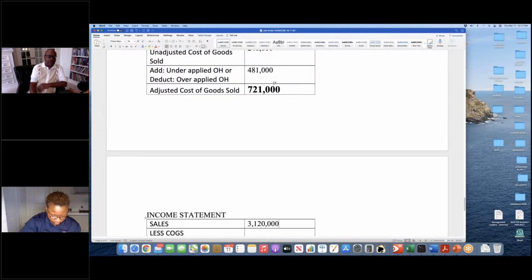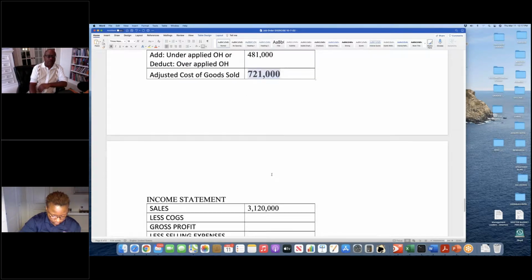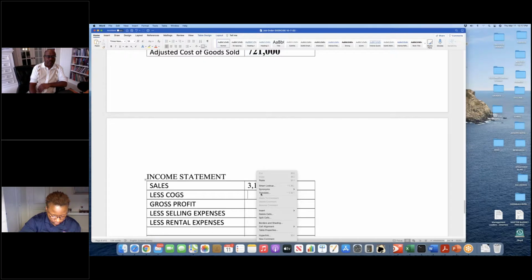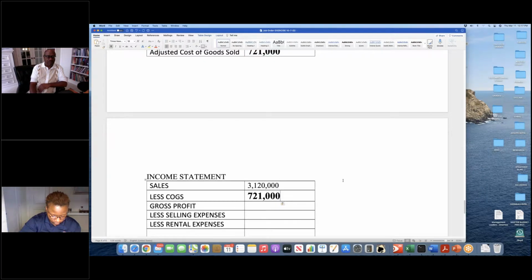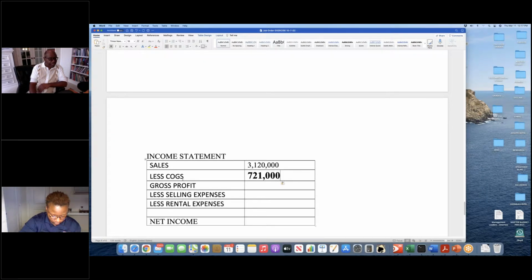That's cost of goods sold. We take this number, we copy it, we put it right here. And it says subtract it, not add it. So what's our gross profit? $2,399,000.